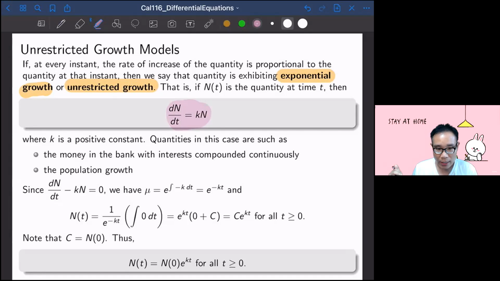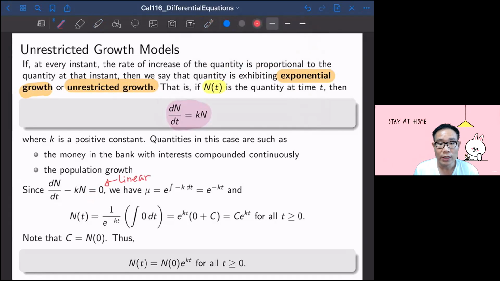And you'd like to find the amount of your money or the population N(t). So we'd like to solve for N(t). From this, you have dN/dt minus kN equal to 0. And this turned out to be the equation we studied earlier, a linear differential equation.